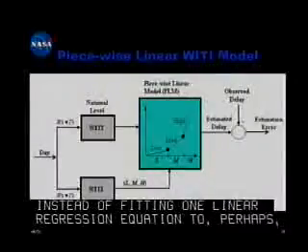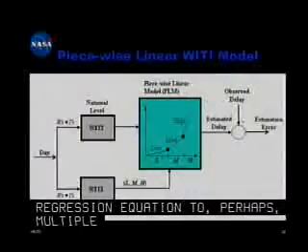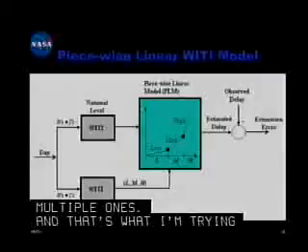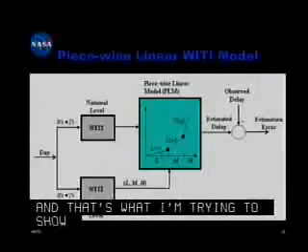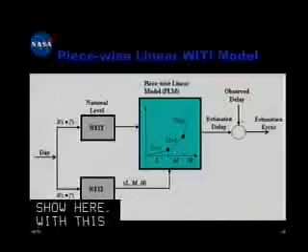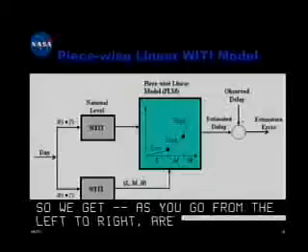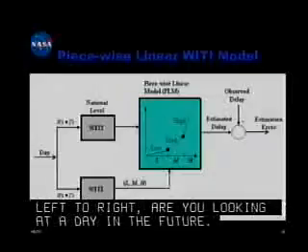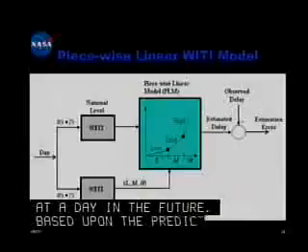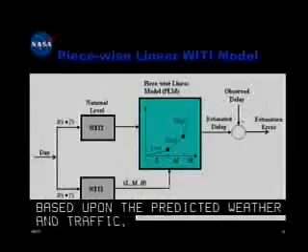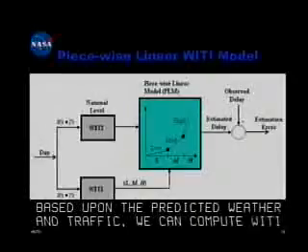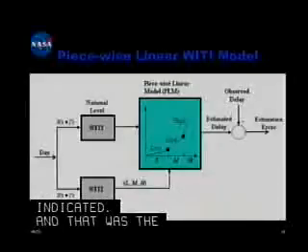And that's what I'm trying to show here, a piecewise linear WITI model. As you go from left to right, you are looking at a day in the future. Based upon the predicted weather and traffic, we can compute a WITI at the national level, as I indicated, and that was the single linear regression model.